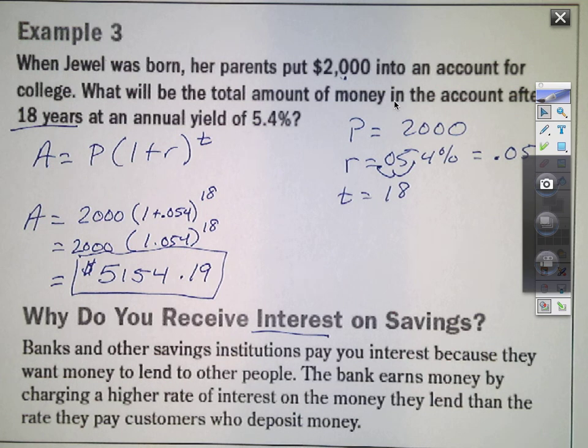So what the bank does is they take your money, and they're giving you that small interest rate, and what they're doing is they're loaning it out to other people at a higher interest rate and making money off of that. So that is why your bank will give you a small interest rate, because what they are doing is using your money to lend to other customers. That is why we have interest on savings.